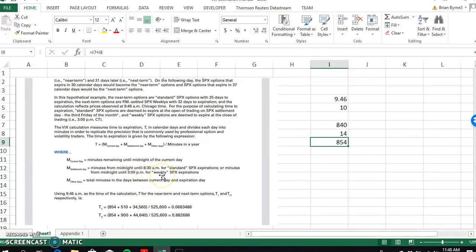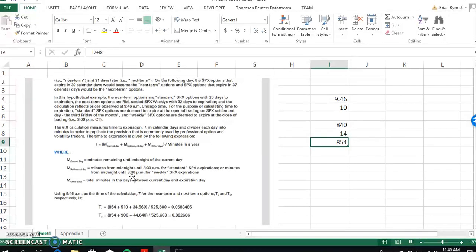If the contract we're dealing with is a weekly contract, its settlement is at 3 p.m. If it's a monthly contract, its settlement is at 8:30. So standard means monthly, and its settlement is at 8:30 in the morning. And for weekly contracts, unusually, the settlement is at 3 p.m. that day.